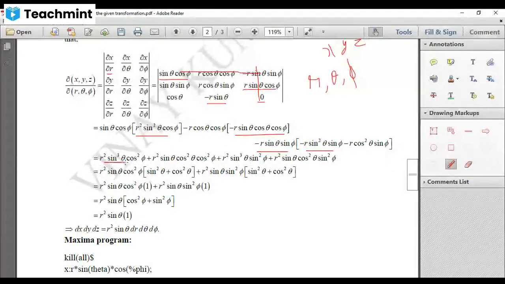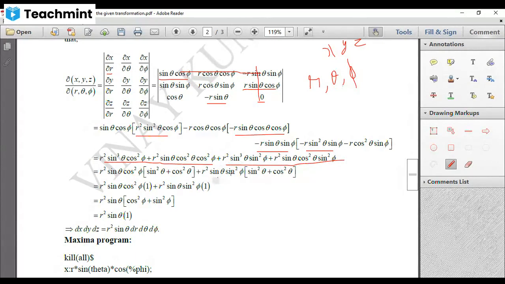In first two, in these two, take out r square sin theta cos square phi as common. Here r square is taken out. One sin theta is coming out, therefore sin square theta will remain. Cos square phi is common, plus r square is common, sin theta is common, cos square phi is common, so cos square theta will remain here. Similarly, in the next two, take out r square as common, sin theta as common, sin square phi as common.